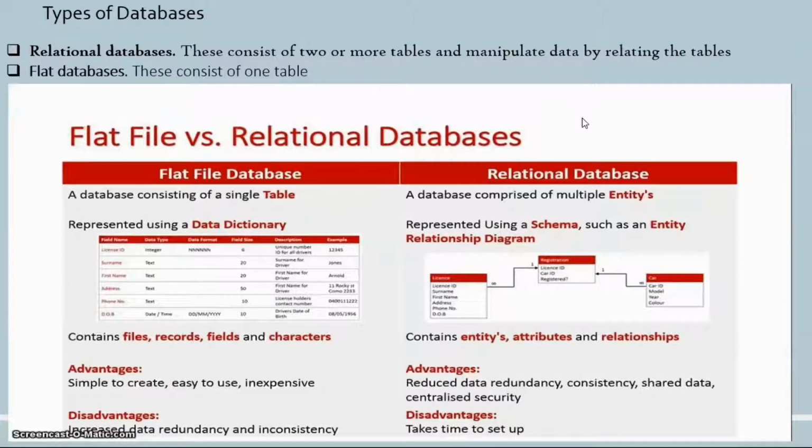So don't go into it anyway, but just know a relational database consists of two or more data tables that manipulate data by relating the tables, such that when we look for a teacher from the teacher's table, we're able to relate it to a student table. How?